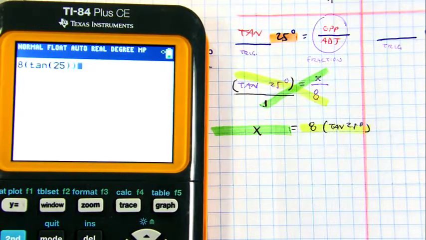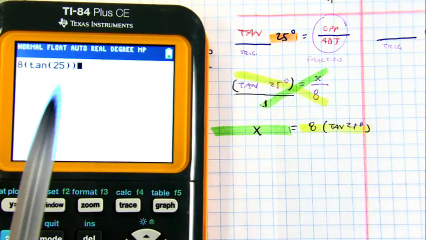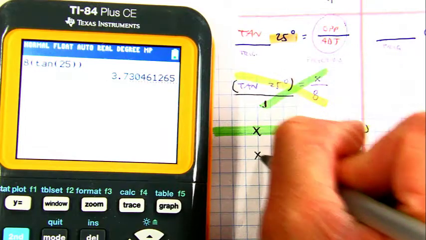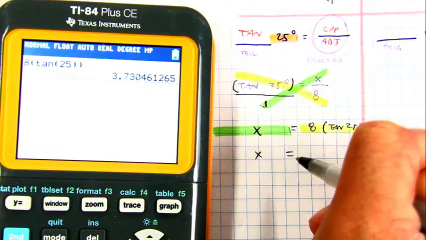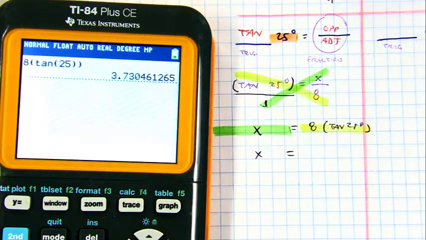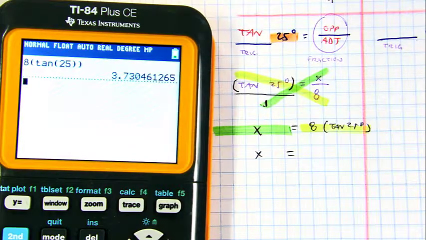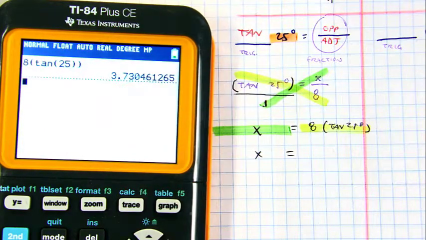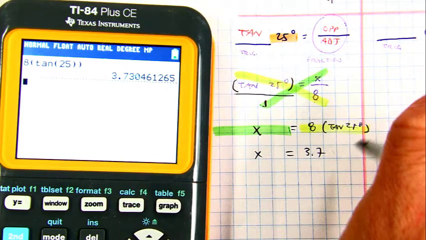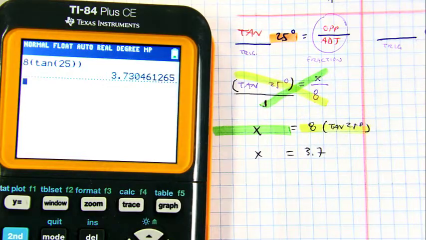And because I have two open parentheses, I close the two parentheses. Did it tell us where our answer is going to be in? I didn't give you guys directions? It says, round to the nearest tenth. Nearest tenth. So class, our answer is? 3.7. We don't have any units, so this is fine.